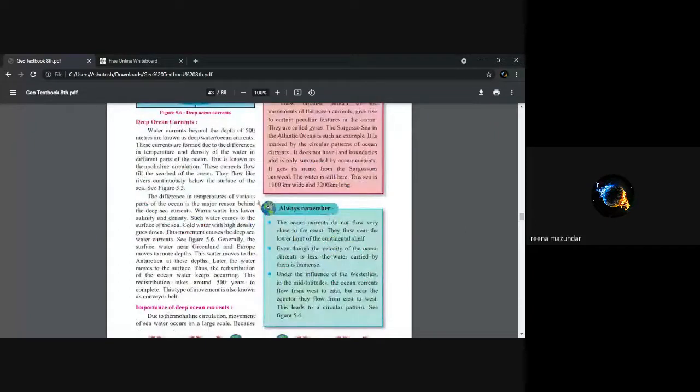Even though the velocity of the ocean current is less, the water carried by them is immense. Now what is velocity? Velocity means speed. वेग, ज्याला मराठीमध्ये म्हणतो आपण.